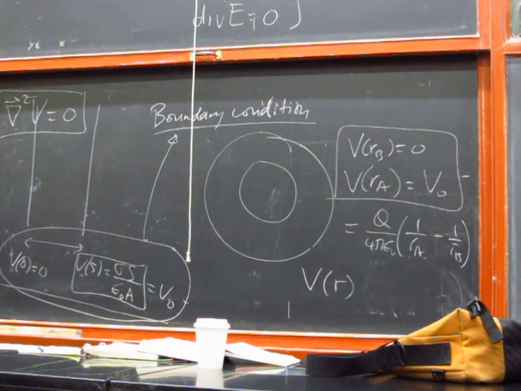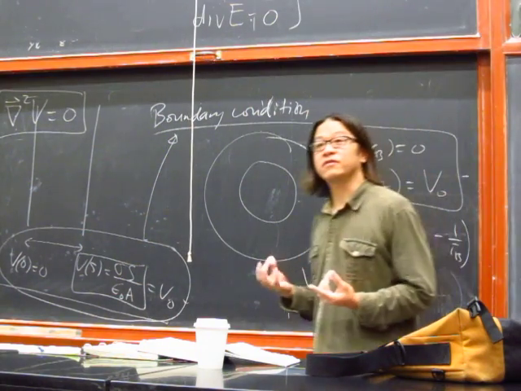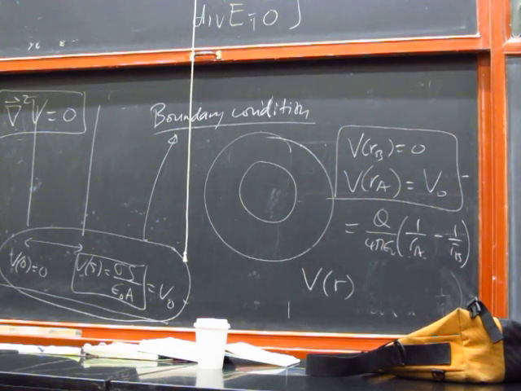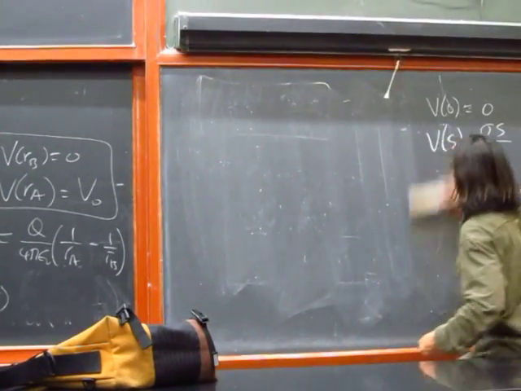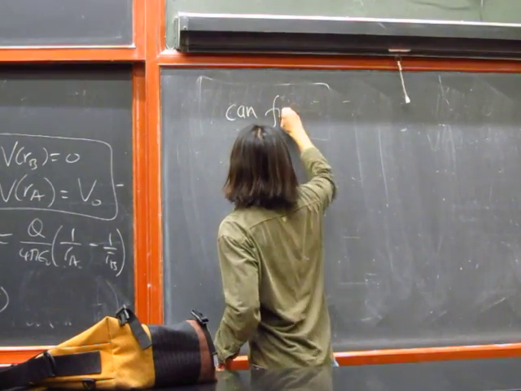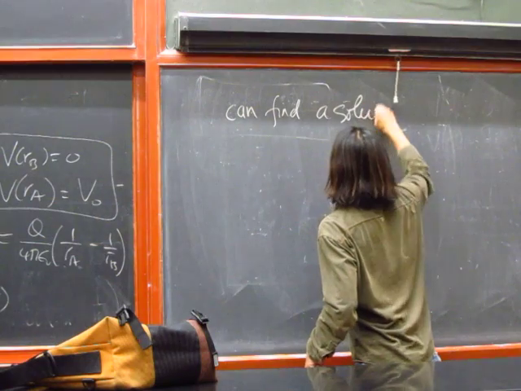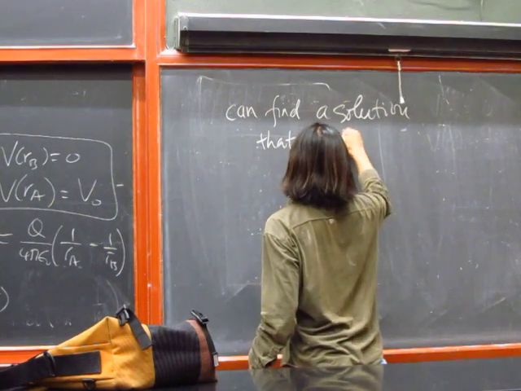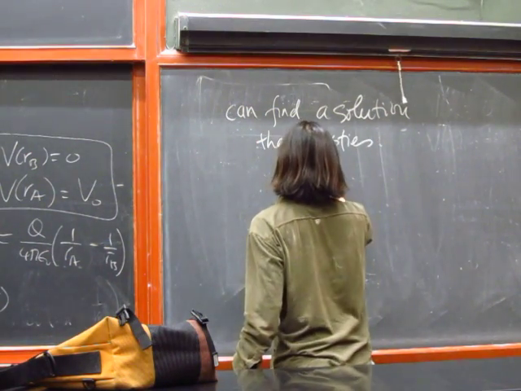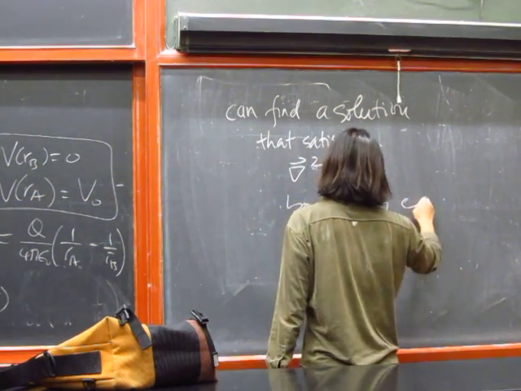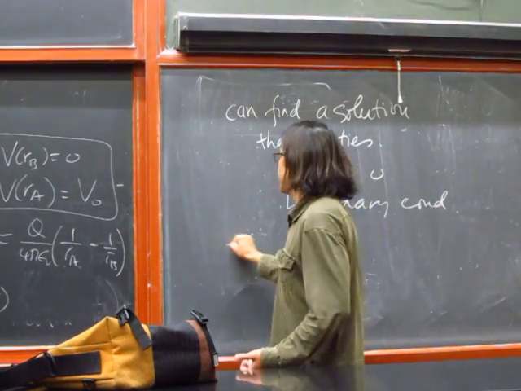But there is a beautiful simple theorem, called the uniqueness theorem, which shows that if you can find one solution that satisfies the Laplacian and the boundary condition, then it must be unique.